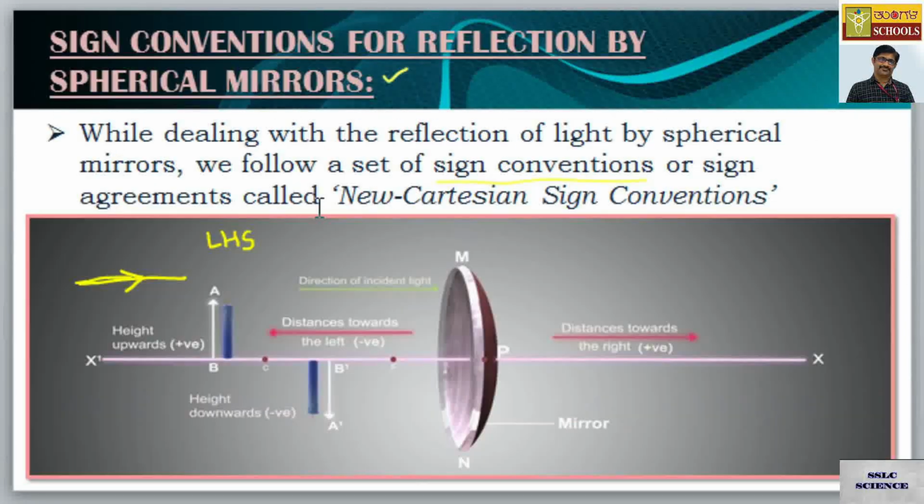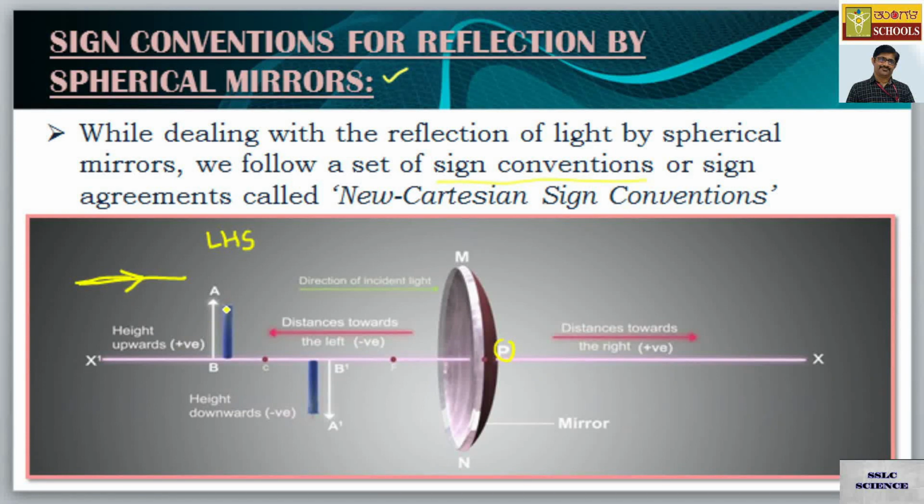Let's go back to the diagram. This is the pole of the mirror. All distances parallel to the principal axis are measured from this point. So whatever distances you are measuring, that is with respect to the pole of the mirror.